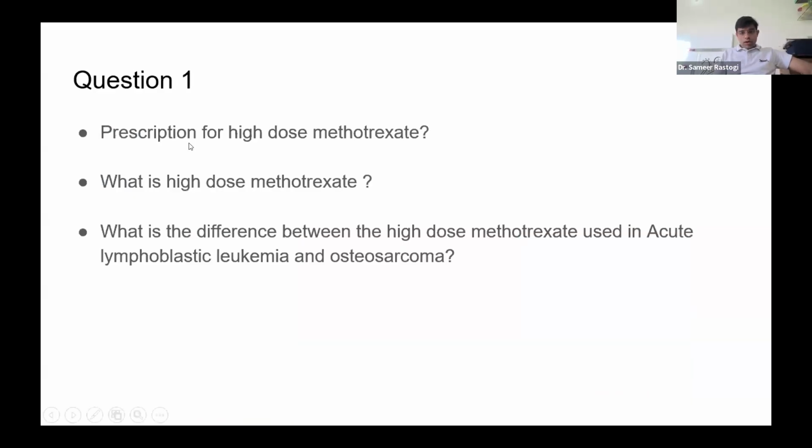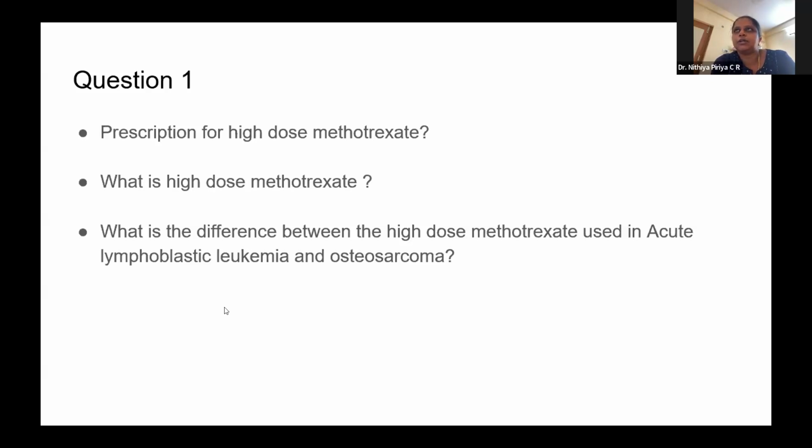So what do you think? How do you prescribe the high dose MTX? What precautions do you take? Sir, for high dose MTX, hydration and alkalization of urine is recommended before starting the methotrexate. On day 1, we start with either oral soda bicarb 600 mg every 4 hours, and IV hydration 2 to 3 liters per meter square.